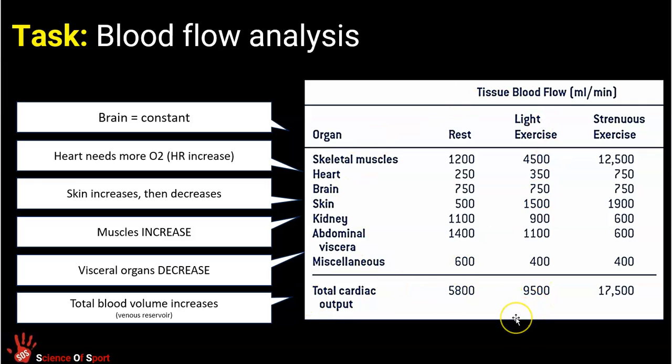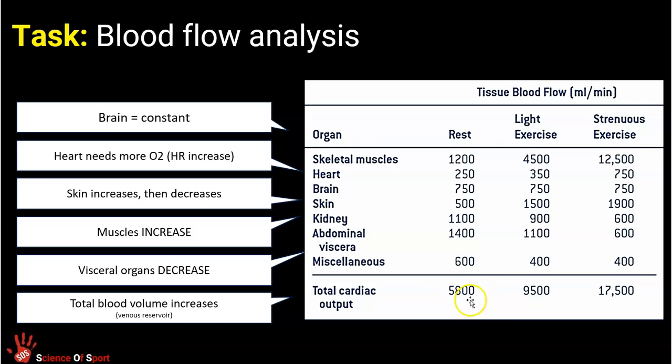This is a blood flow table. Here are all the different key organs of your body: the skeletal muscles, your heart, your brain, your skin, your abdominal organs. We've got being at rest, light exercise, and strenuous exercise. And down here is how much blood is being ejected from your heart per minute.